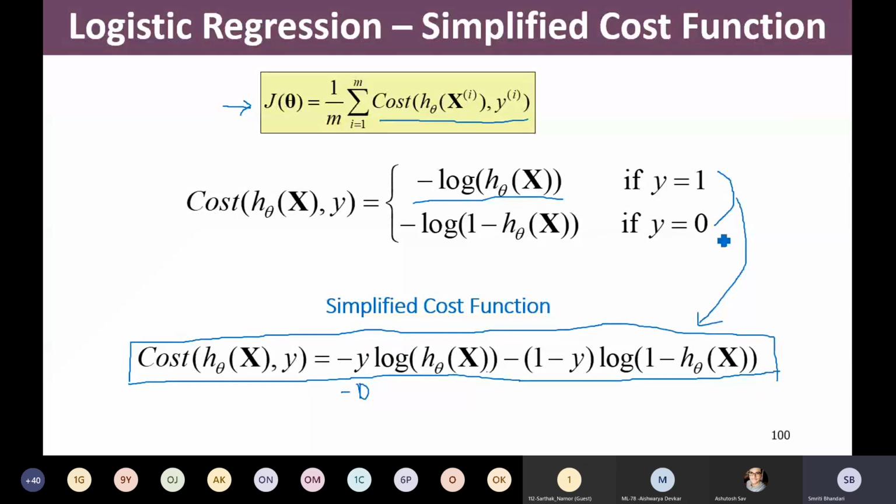So if y equal to 0, what I get is the same expression as before, minus log of 1 minus h theta x. So instead of remembering these two different conditions, we can treat this entire expression as the simplified cost function for logistic regression.